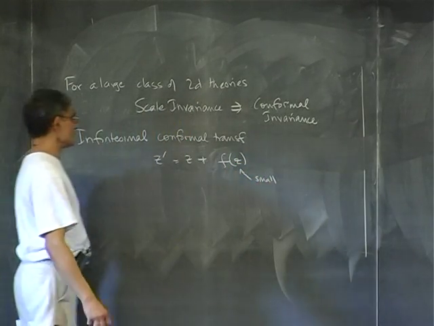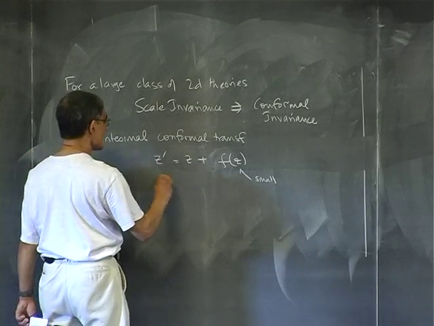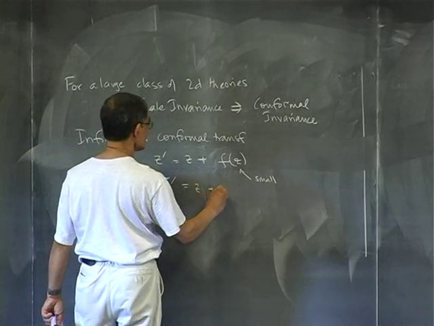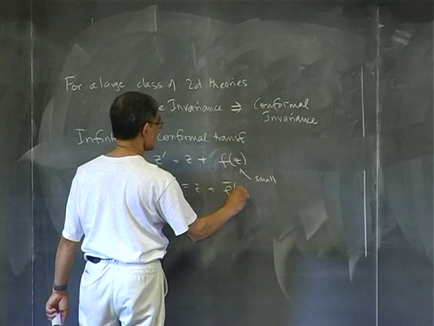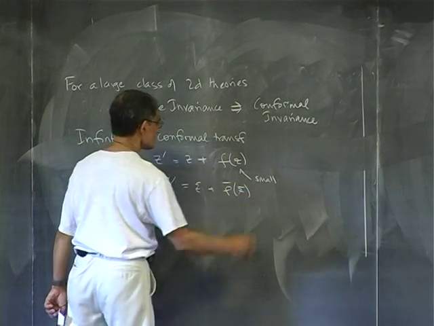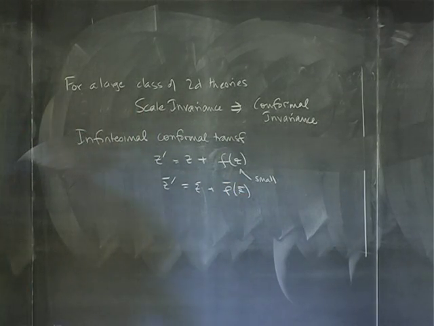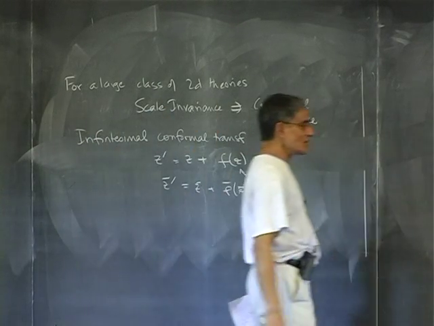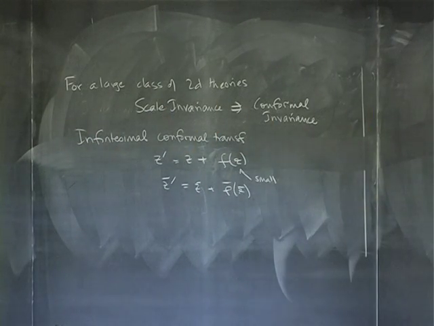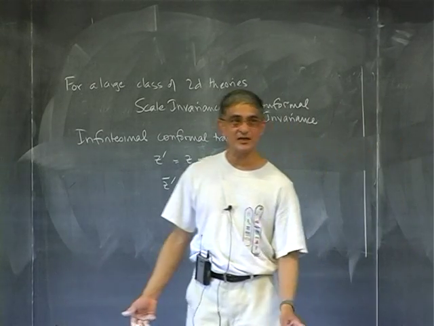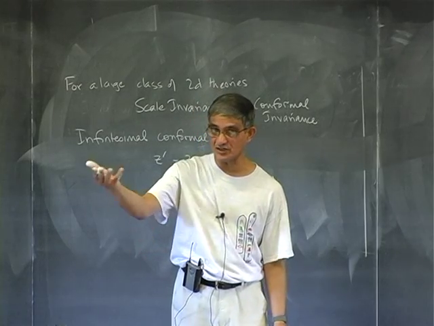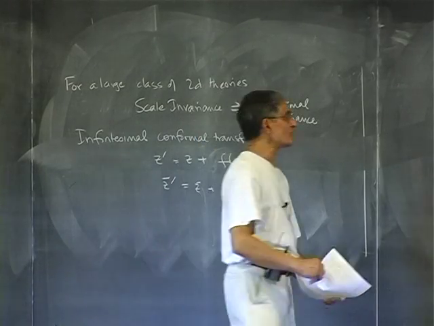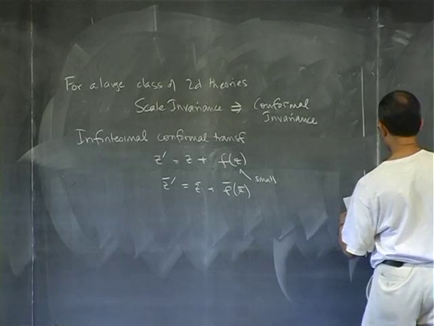And similarly, there are the anti-holomorphic transformations which are given by z bar. Now, for holomorphic functions, there is a very useful basis. I can expand any holomorphic function in a kind of Laurent series expansion of monomials of z.